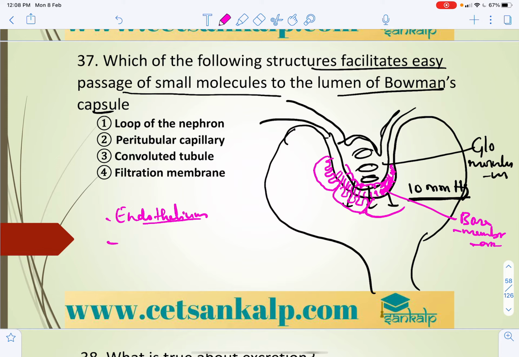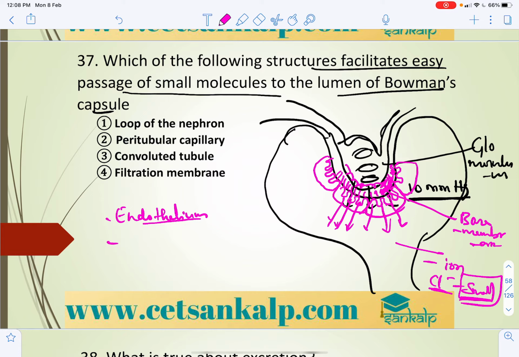The arrangement is intricate, delicate and very complex, connected to one another. These pores are called filtration pores. Through them the blood plasma passes, only smaller molecules, and negative ions like chloride ions generally won't enter. Only small molecules pass through, so this is very important.